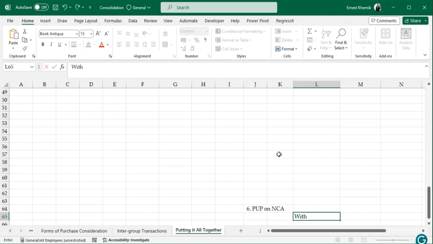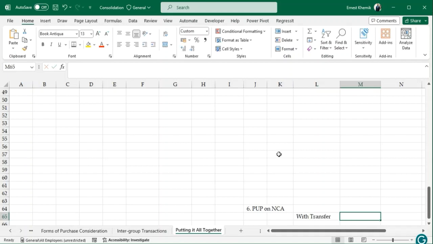So we'll have it with transfer here, and then without transfer amount. I'm going to explain this in a moment. So we have with transfer and then without transfer, and then the difference becomes the provision for unrealized profits.